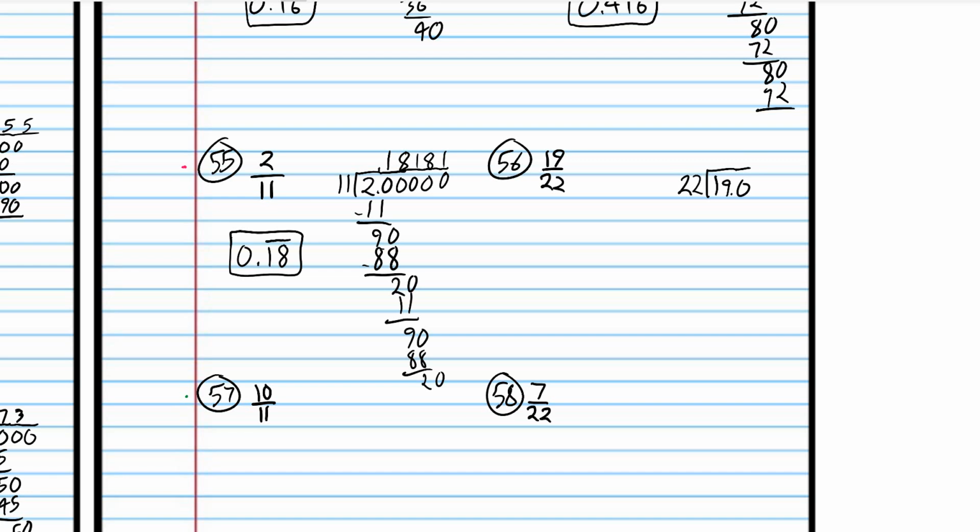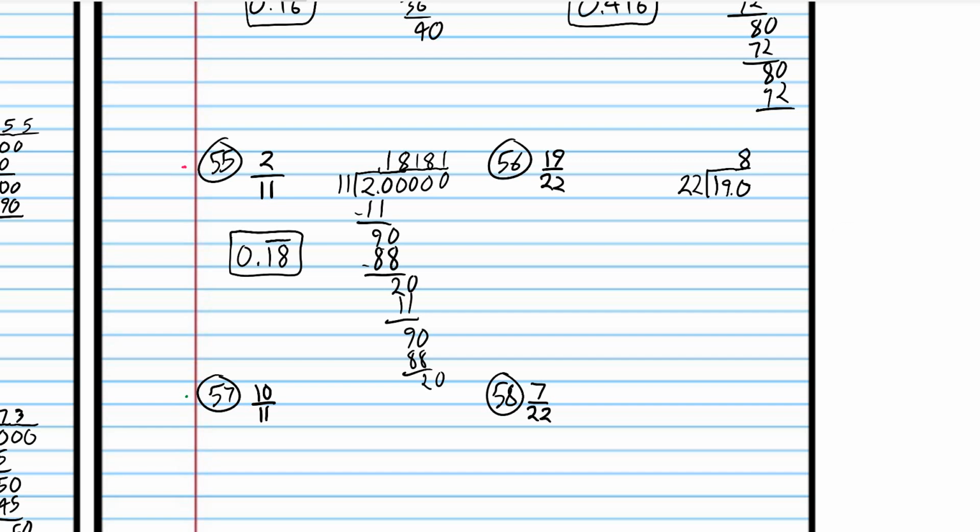All right, we're back. 22 doesn't go into 19, but it does go into 190. Let's see here. If we multiply 22 by 10, we get 220. That's pretty close. I think it's probably going to be 8.